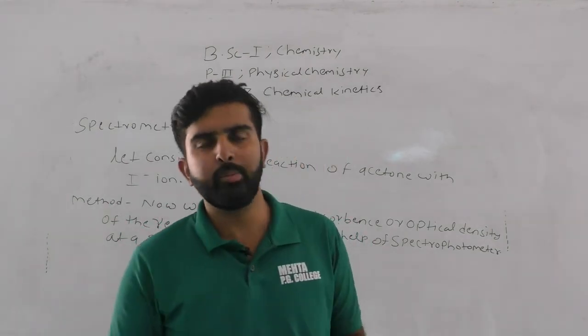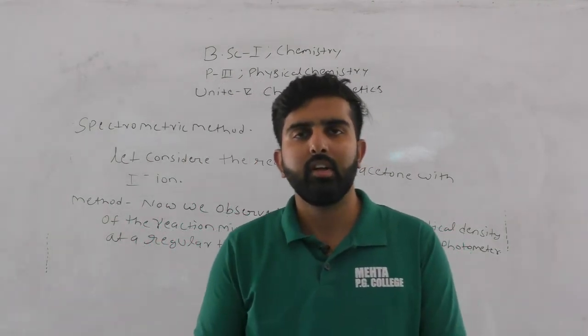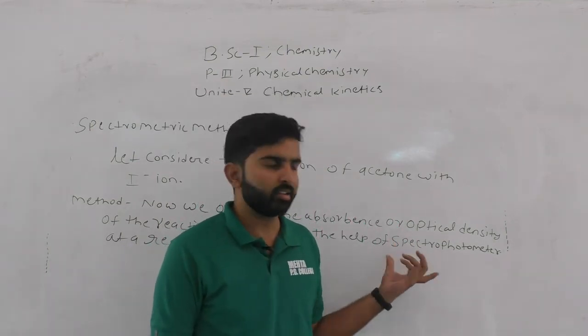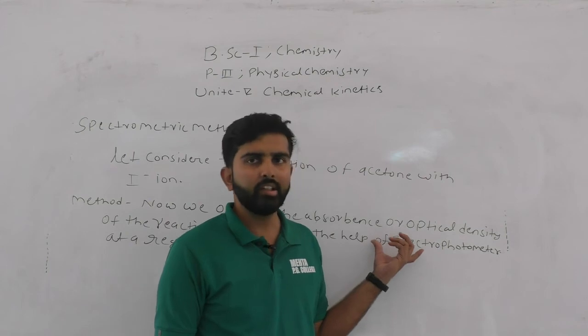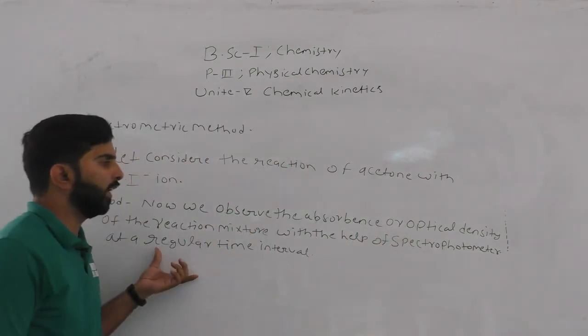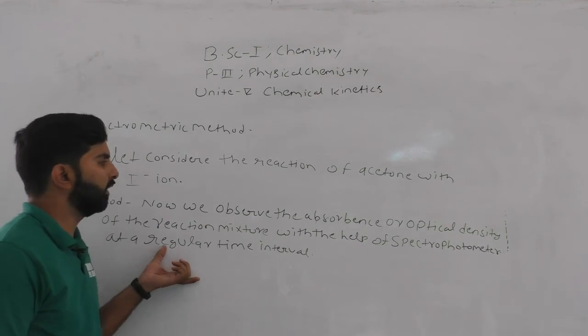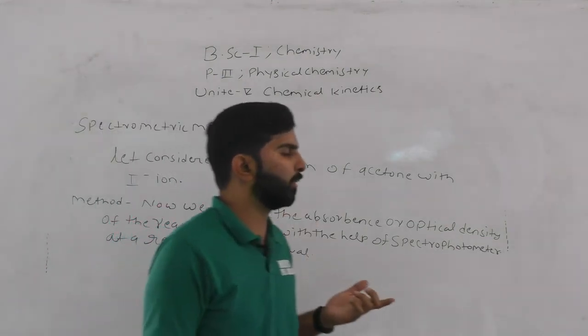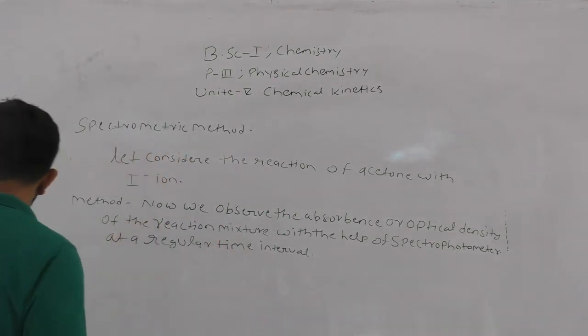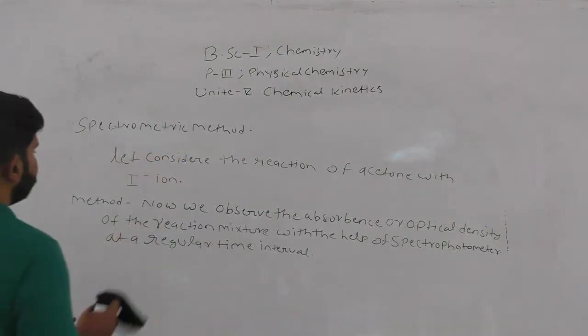Spectrophotometer is an instrument which gives us the values of optical density or absorbance with the change in concentration of the reactants or product. So, with the help of spectrophotometer, we observe the absorbance or optical density. Now, we start calculation for this method.